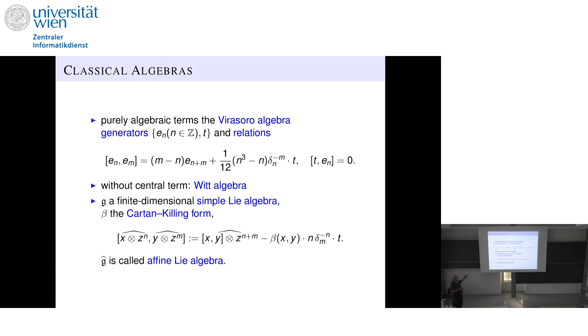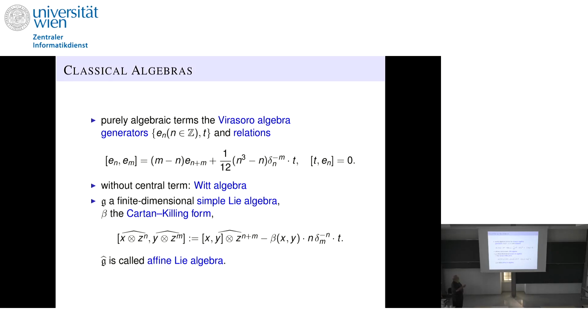Of course, I'm pretty sure everybody knows this here, so maybe I go too fast through this. We have, in purely algebraic terms, the Virasoro algebra, generated by the generators e_n, with n running over the integers, and a central element t, and we have these well-known relations. This is the Virasoro cocycle.